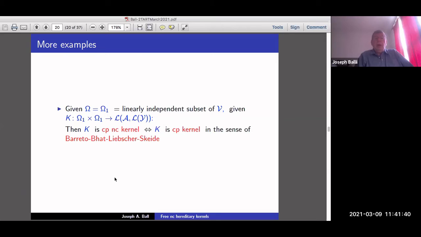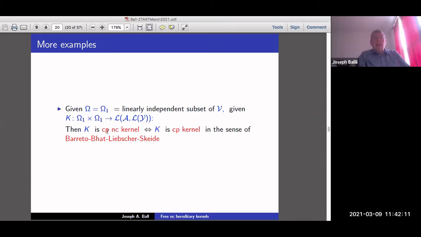Then suppose, on the other hand, all the points are at level 1, we make the point set part of a vector space. We consider the points in omega to be linearly independent, just for technical reasons, because we had to have a vector space. Then suppose we have a K from omega_1 cross omega_1 to operators from A to L(Y).